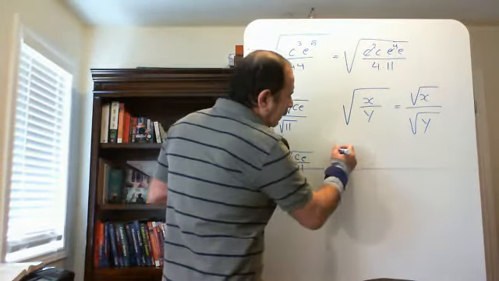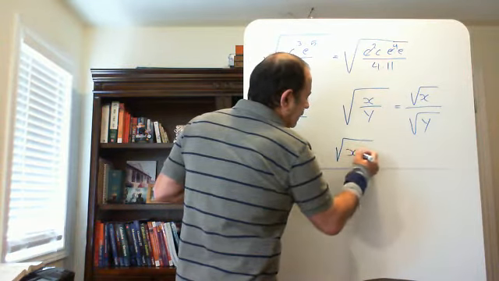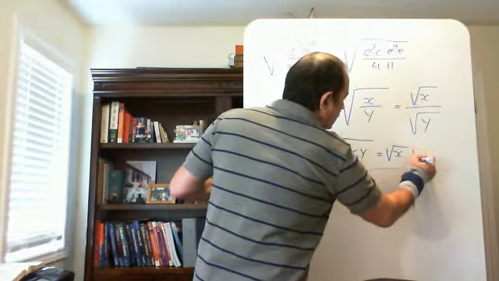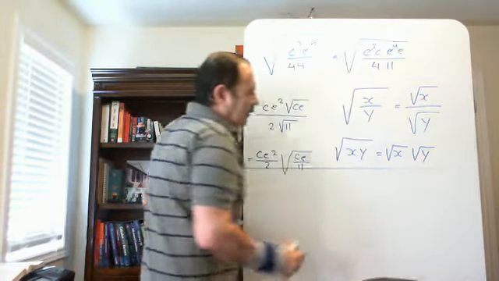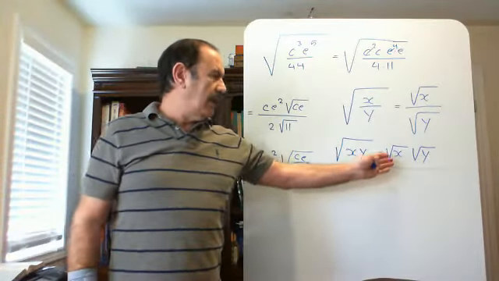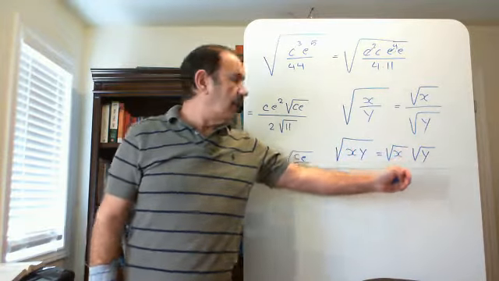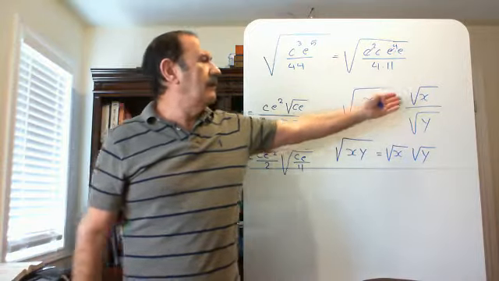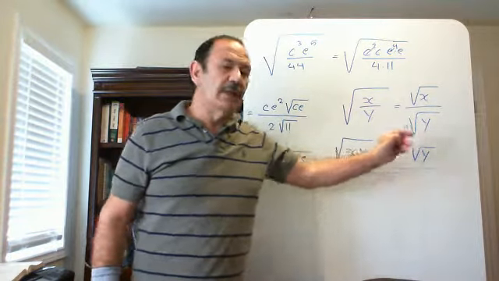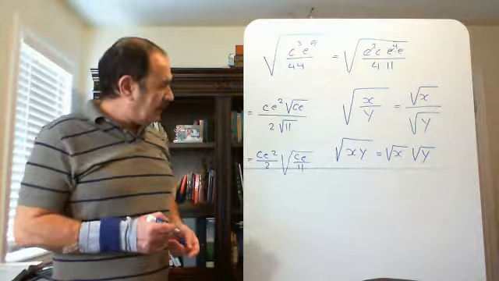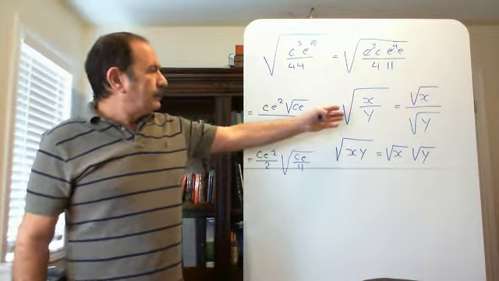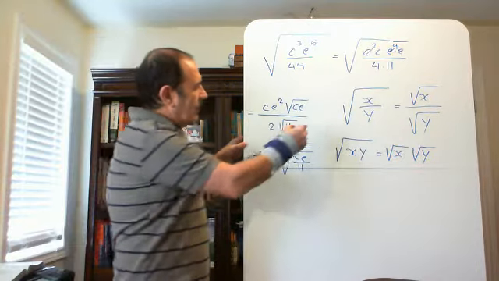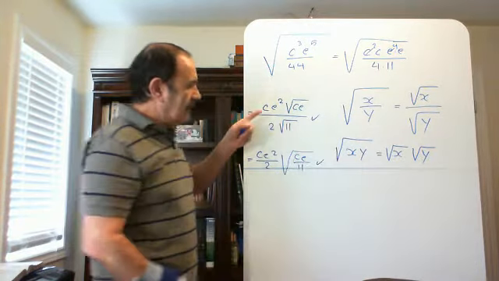And radical x y, we can write it as radical x times radical y. These are the formulas that you need to remember. I used this formula to solve this one. This is the right answer, and this is the right answer too.